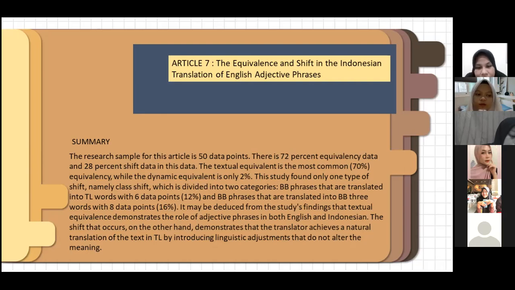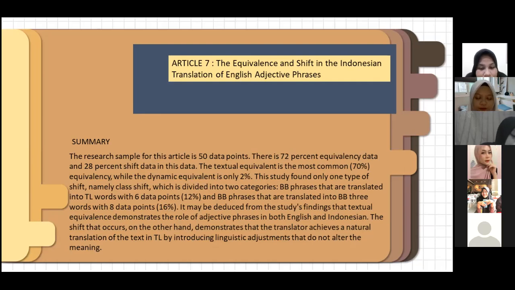This study found only one type of shift, namely class shift, which is divided into two categories: adjective phrases that are translated into target language words, with 6 data points or 12%, and adjective phrases that are translated into other words, with 8 data points or 16%.